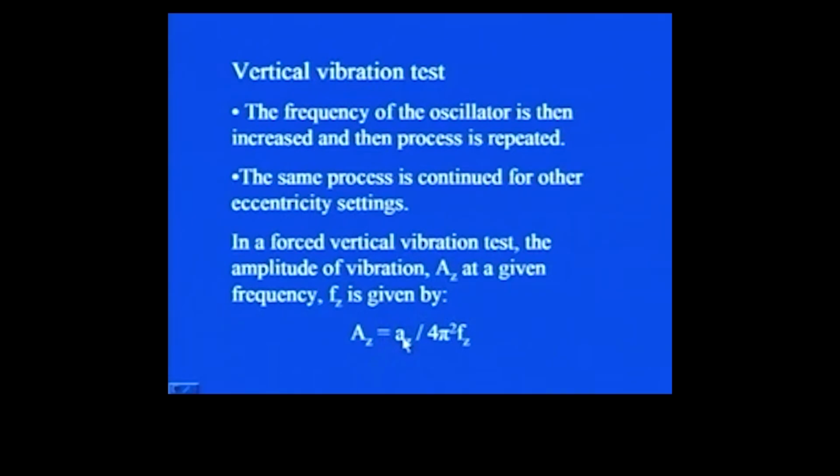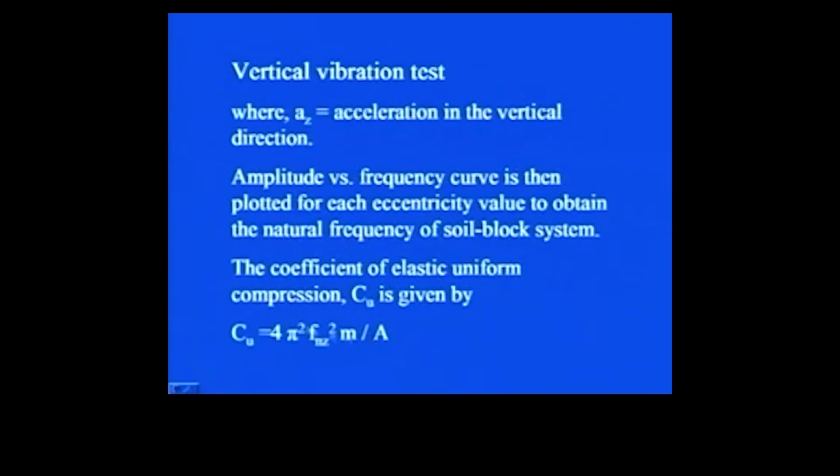So Az can be known, and then this amplitude Az versus frequency can be plotted for the corresponding eccentricity values. The coefficient of elastic uniform compression using this vertical vibration test can be obtained as 4 pi square Fnz square m by A.